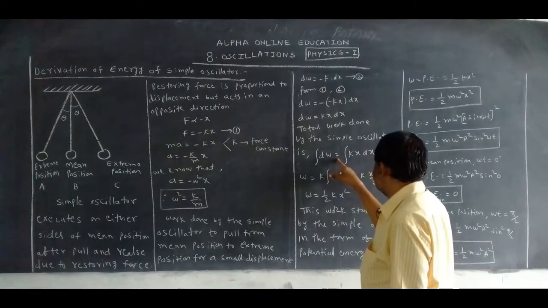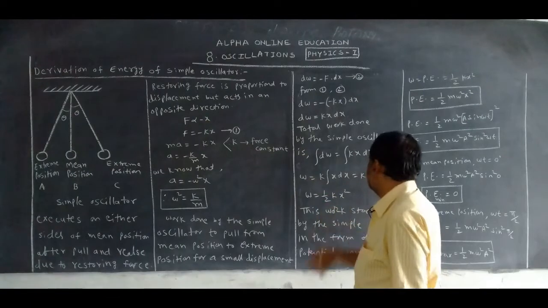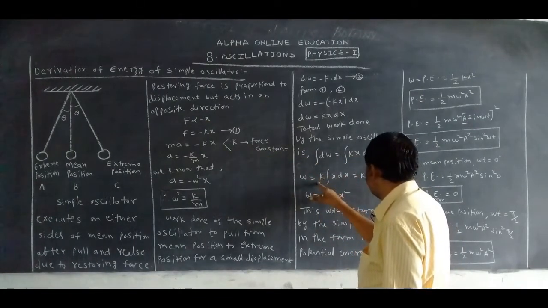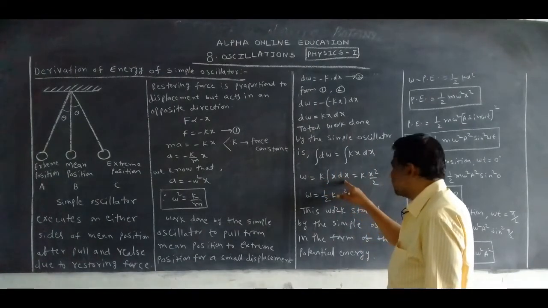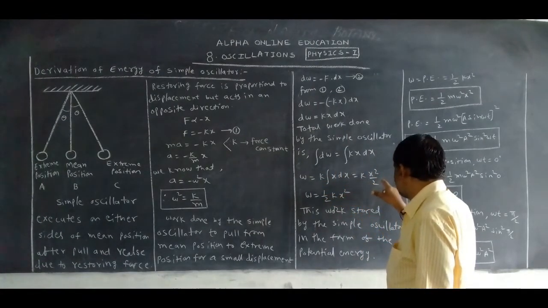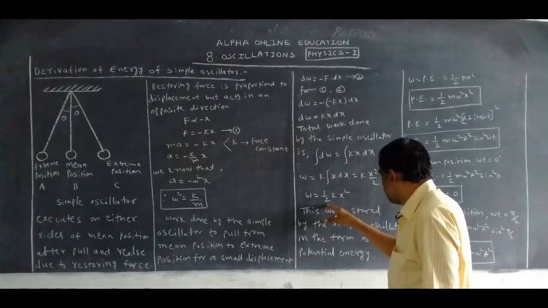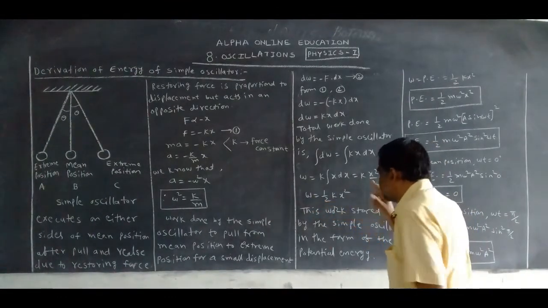Integral dW is equal to integral kx dx. Integral dW is how much? W. This is a small amount of the work, and we want to calculate the total work. K is a constant, take it outside. Integral x dx value is how much? x square by 2. So we can write W is equal to half kx square.